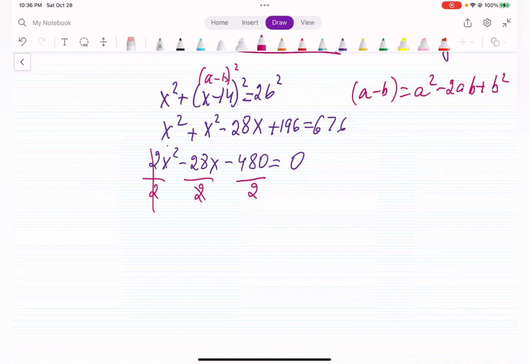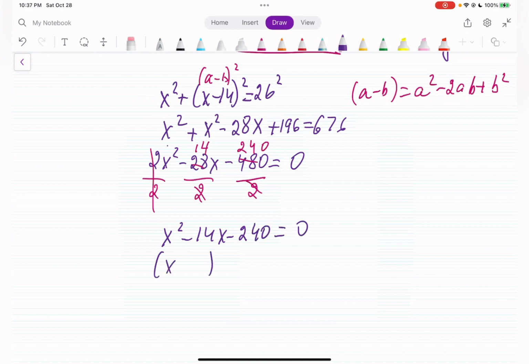I would just take 2 as a common factor out. So 240. Okay, so how are we gonna solve this one? I'm going to rewrite: x squared minus 14x minus 240 equals 0.